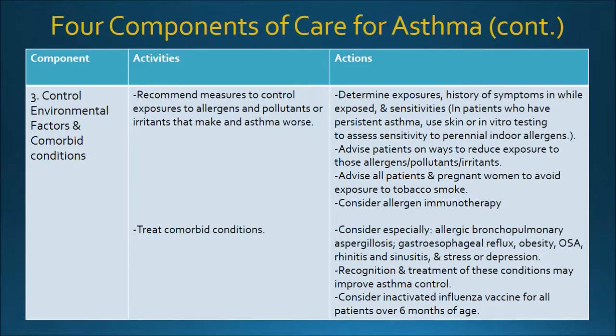And we're going to treat the comorbid conditions, considering especially allergic bronchopulmonary aspergillosis, GERD or gastroesophageal reflux, obesity, patients with obstructive sleep apnea or with rhinitis and sinusitis, and those patients with stress or depression. We're also going to recognize and treat all of these conditions because they will improve the asthma control. And we're going to consider inactivated influenza vaccines for all patients over the age of 6 months old.